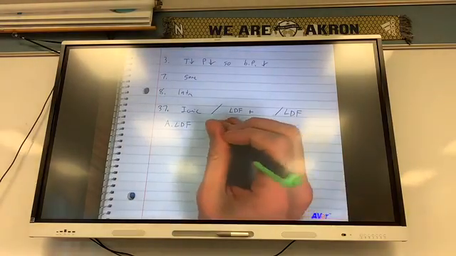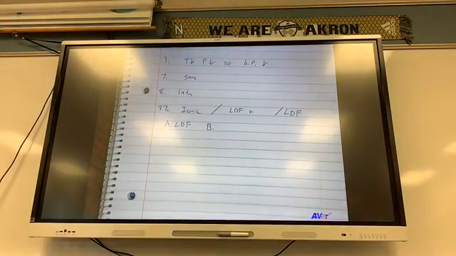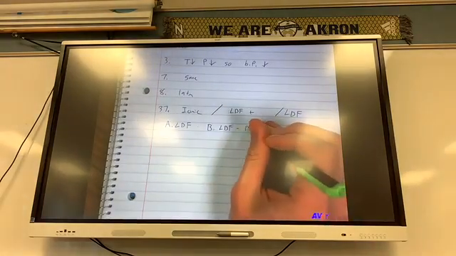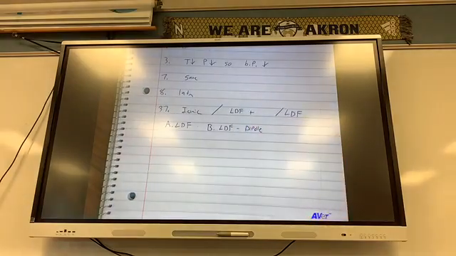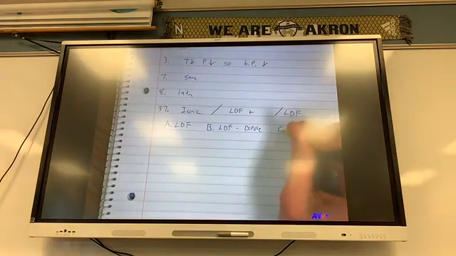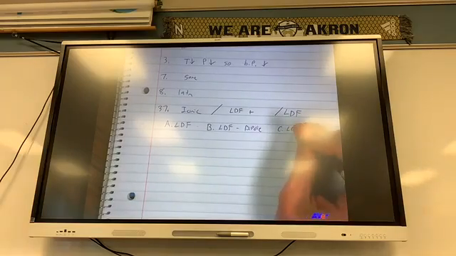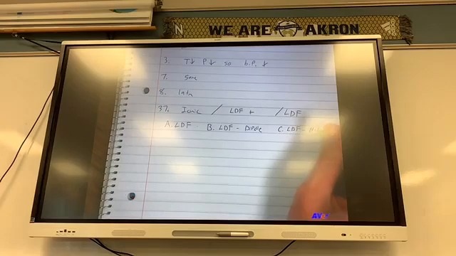B is hydrochloric acid: LDF and dipole. That's really polar, isn't it? HCl, yes. Letter C, HF. We know there's LDFs, and then there's also H bonding.